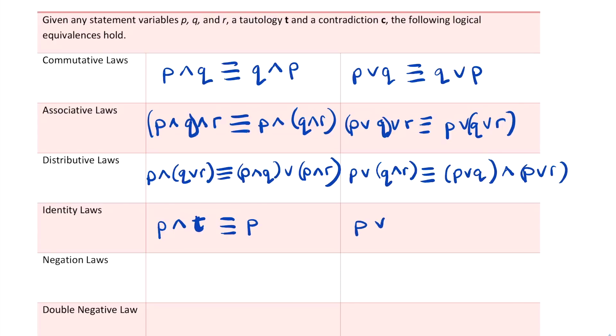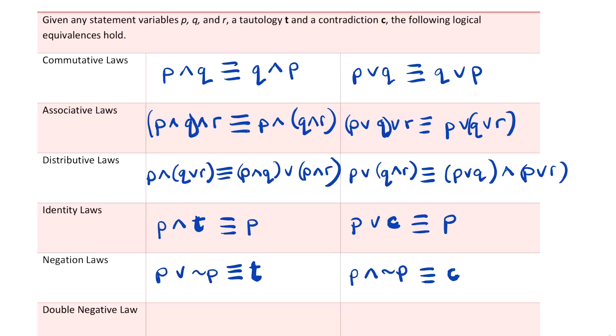And the disjunction of P with a contradiction is logically equivalent to P. The negation laws would be the disjunction of P and not P is logically equivalent to T, and the conjunction of P and not P is logically equivalent to a contradiction because it can't ever be true.